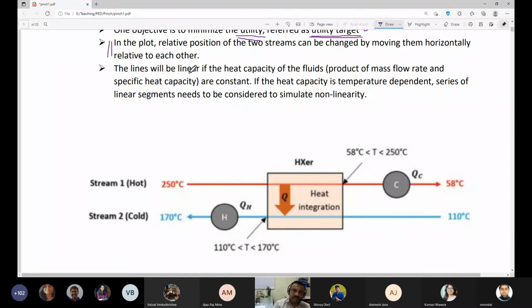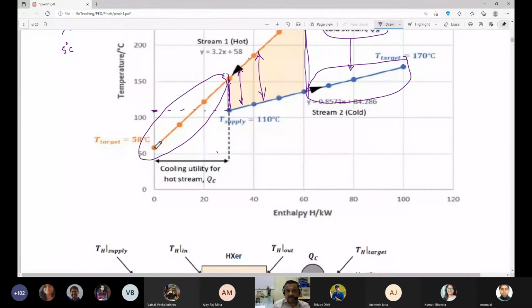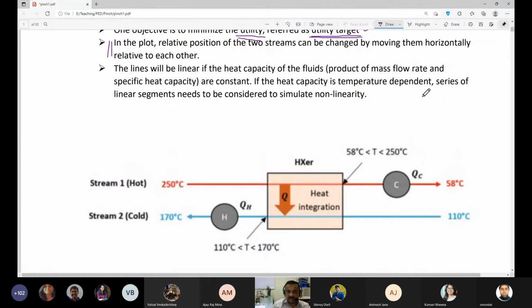Now, suppose you consider the specific heat to be constant within the temperature range that you are working in, then you have a straight line with constant slope. But if the heat capacity is temperature dependent, then you have to approximate this line by a series of segments, and over each segment you can hold the heat capacity constant.